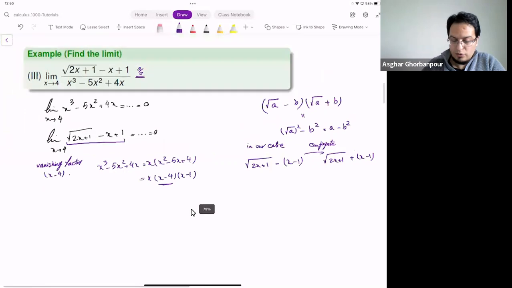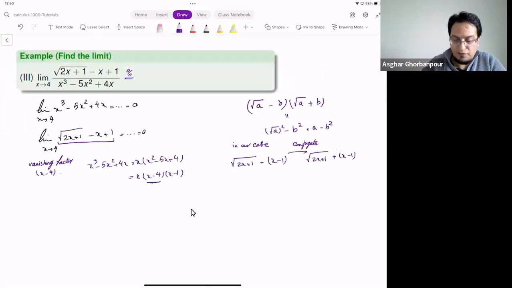So what we do to be able to factor this guy, the vanishing factor in the numerator, we multiply the whole numerator and the denominator by the conjugate of this guy.